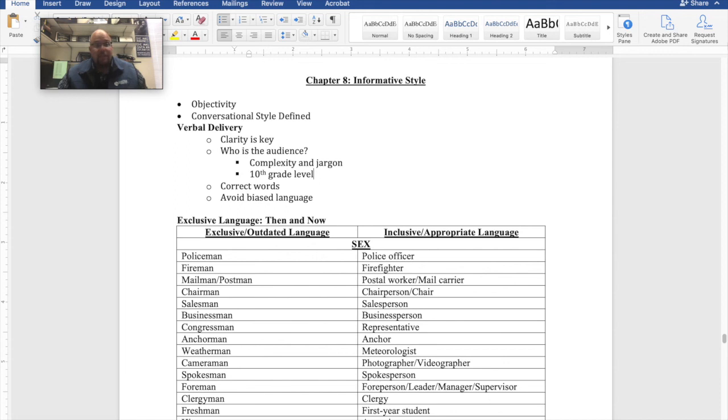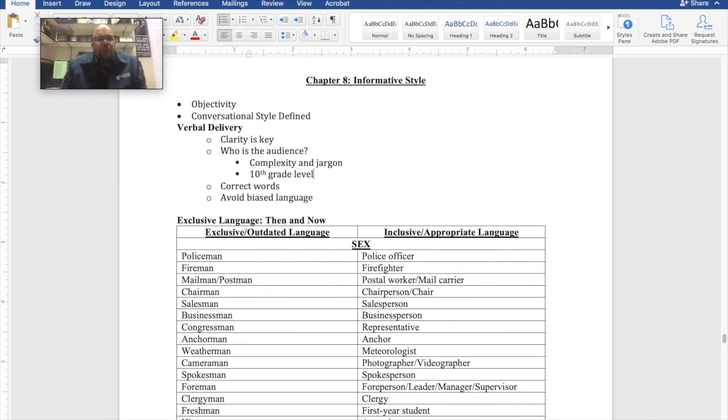And that should tell us all something. That should tell us that while the things that you say are very important, they aren't nearly as valuable or communicative as the way that you say those things. So let's start out with verbal and then we'll move on to nonverbal.